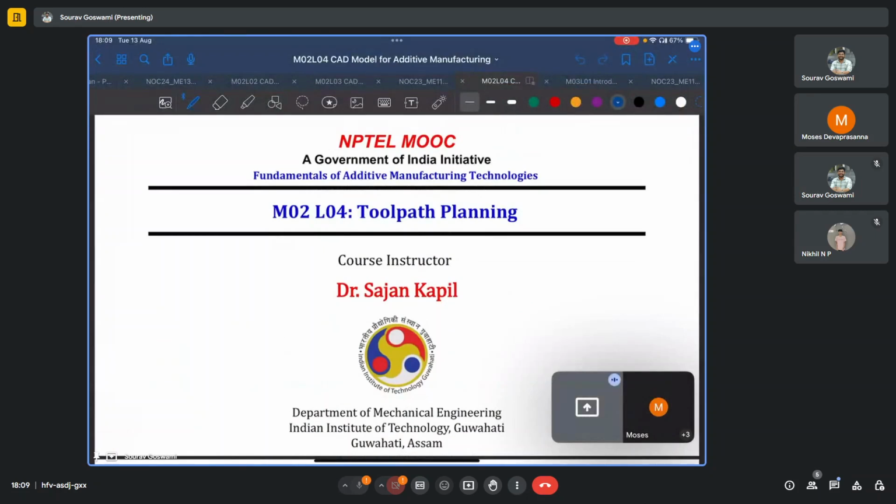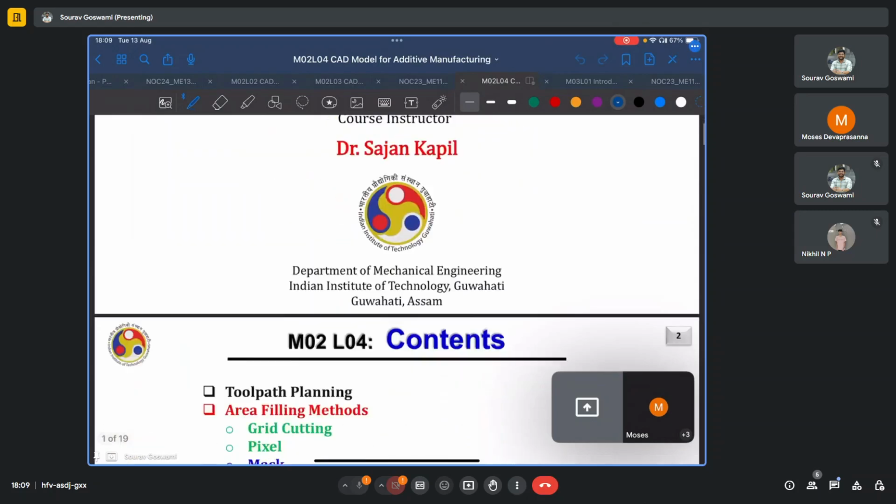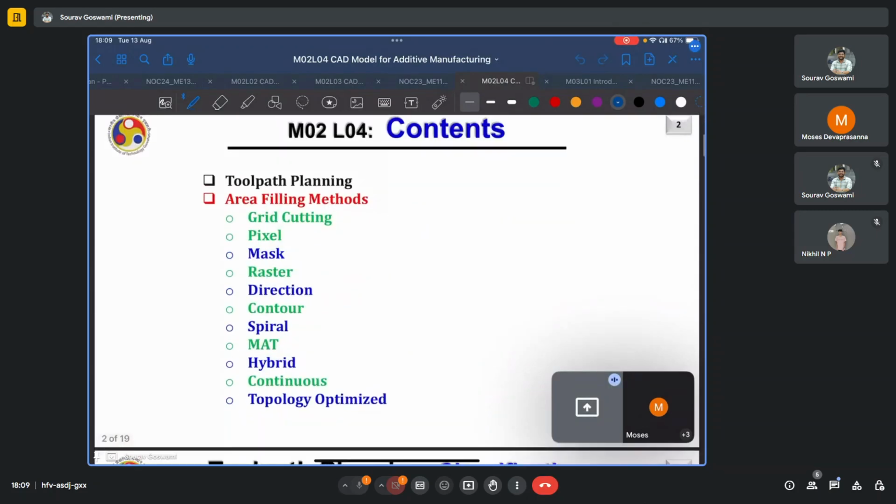All right. So we have been discussing tool path planning, and previously we also discussed other aspects of computer-aided process planning, such as slicing, support generation, and a brief introduction to overall AM technologies. This will be the last lecture in the module of computer-aided process planning, and it deals with tool path planning.